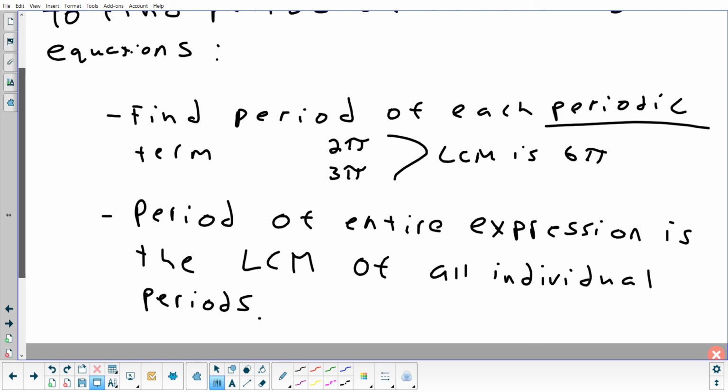That's the smallest multiple of 2 pi and 3 pi. So if you have one term that repeats every 2 pi, and another term in your equation that repeats every 3 pi, then the entire thing will repeat every 6 pi units. That's the cycle of the whole equation.